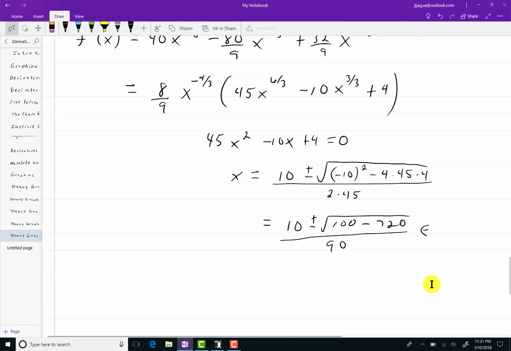Since I'm going to get a negative number inside of this radical, these numbers are not real numbers. So what that means is I don't get critical numbers based on the zeros in this part. Let me explain this a little bit further. Since it doesn't have any real zeros, that means that this parabola is either completely above the x-axis or completely below the x-axis.